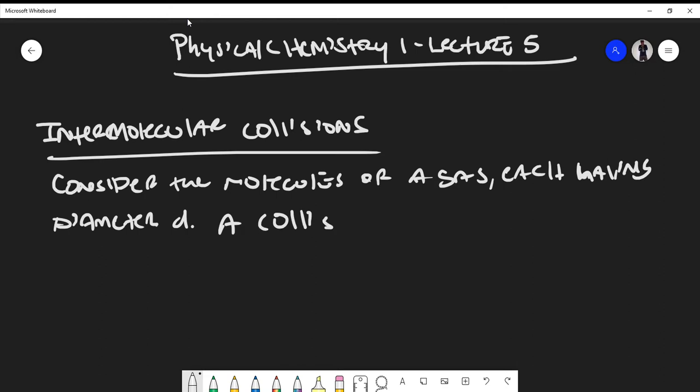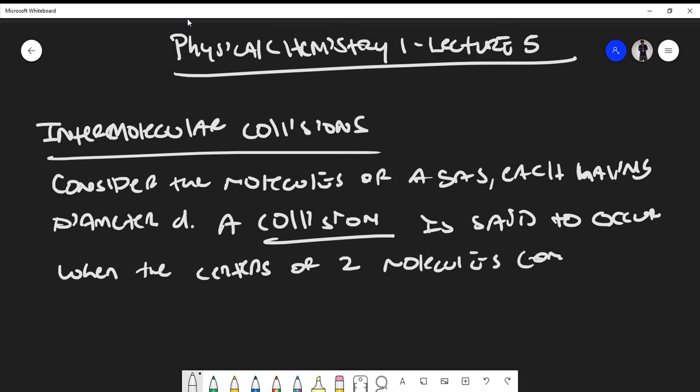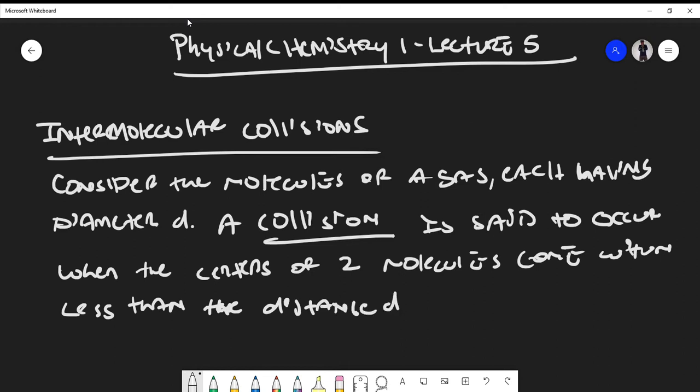So a collision, let me repeat that, is actually said to occur when the centers of two molecules come within less than the distance d of each other.